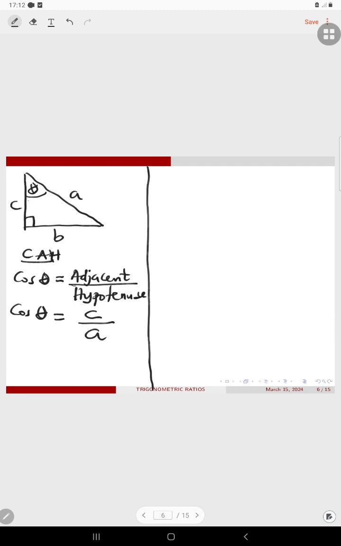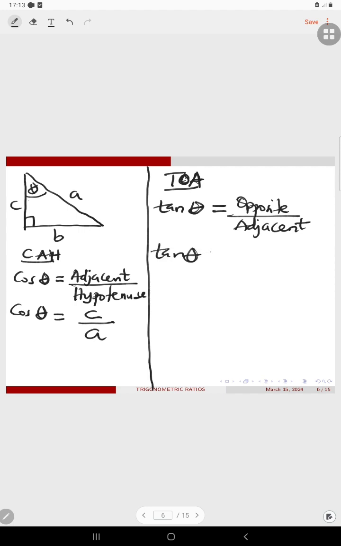Then the last one, TOA. The T is the tan. Tan theta, the reference angle given in the question, is equal to opposite over adjacent. So what is the opposite?